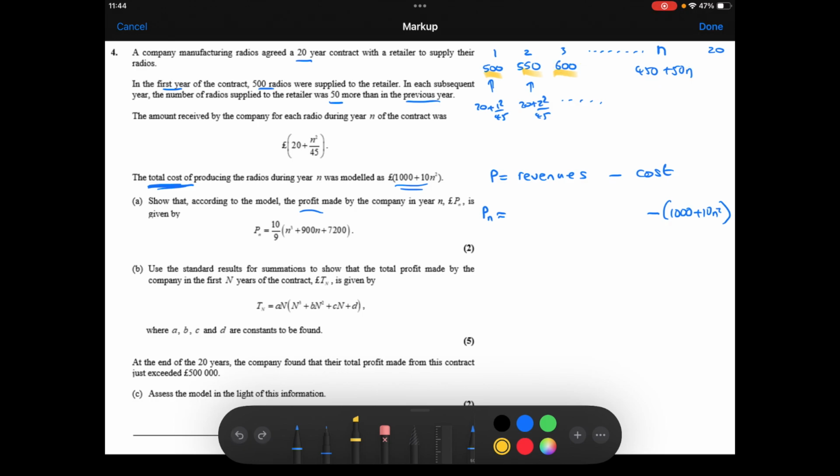So that is the nth term of this sequence, and that's the number of radios being supplied by the manufacturer in the nth year. And we know that they get paid (20 plus n squared) over £45 for each one of those. So their revenue will be (450 plus 50n) multiplied by (20 plus n squared) over 45.